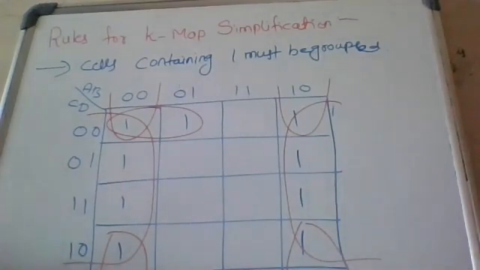So if corner grouping is possible, we take it; if opposite is possible, then take it; and if double is possible, then take it, no need for single. Here we have corner groupings.